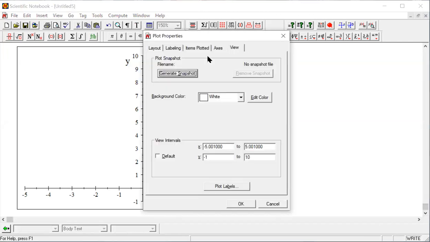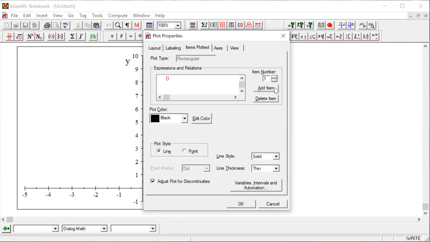You can plot more, please go ahead, do it. 0, 0. More points. 3, 9. You can certainly plot as many points as you wish.